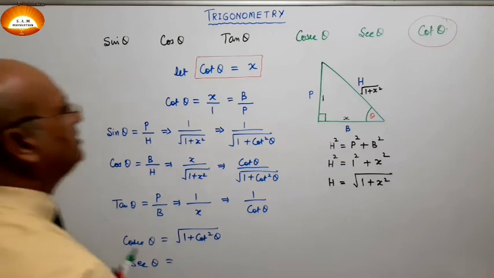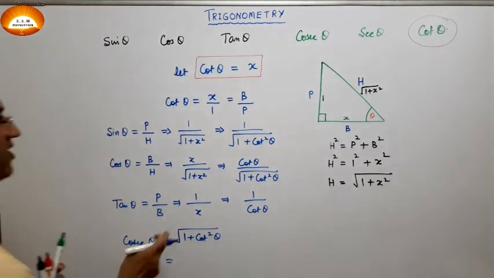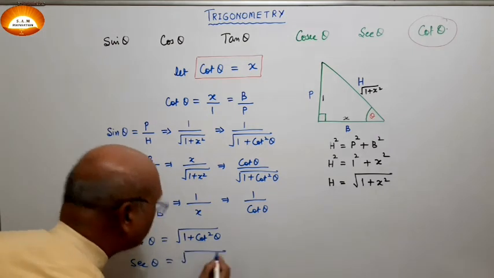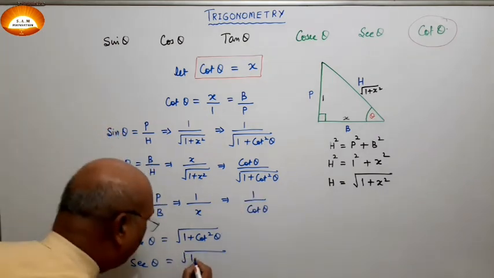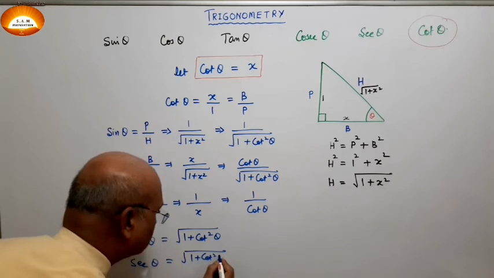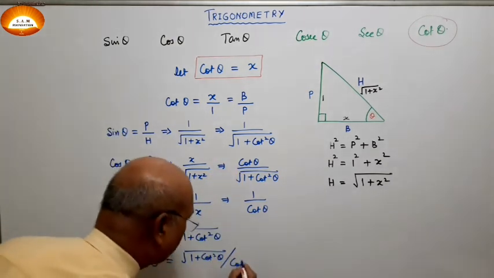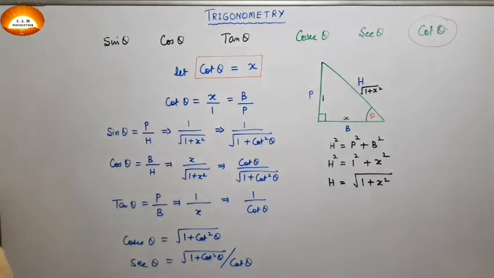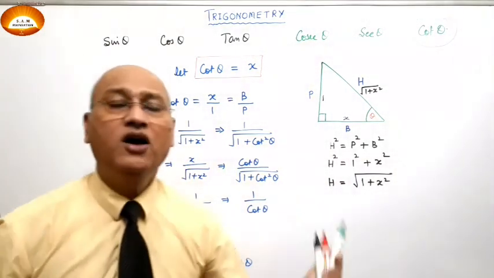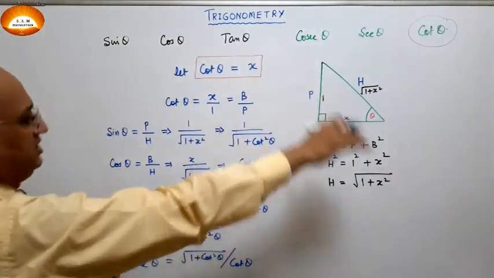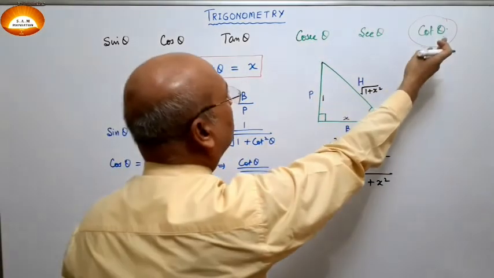Sec theta, it is what? It is the reverse of cos. So it will be under root 1 plus cot square theta upon cot theta. So we have written all the values of these trigonometric ratios in terms of cot theta.